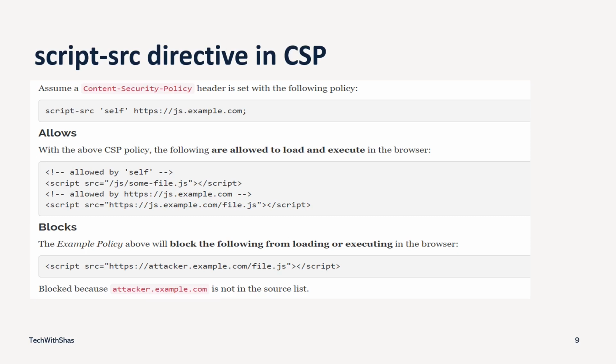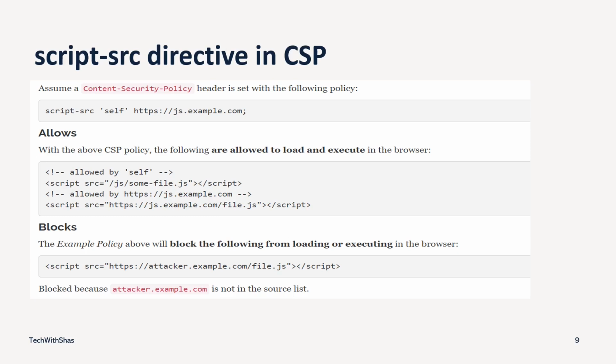What does it mean? Whatever content we want to render on the UI will be served either from self, meaning the content coming as part of our application directories, or from this URL which we trust. Whenever JavaScript runs from the app directory, it is allowed. Same thing, whenever JavaScript is rendered from this particular URL, which is part of this policy, it is allowed.